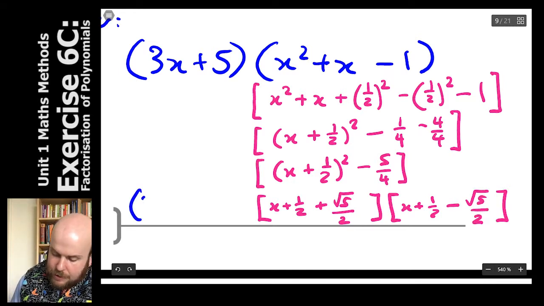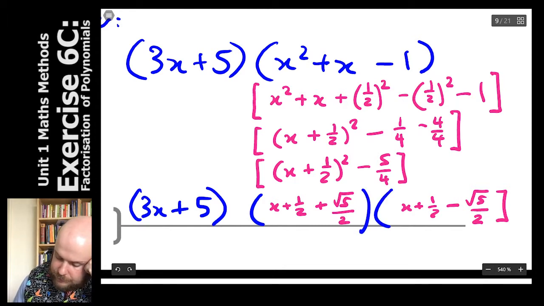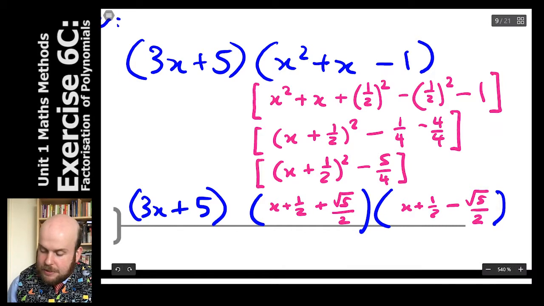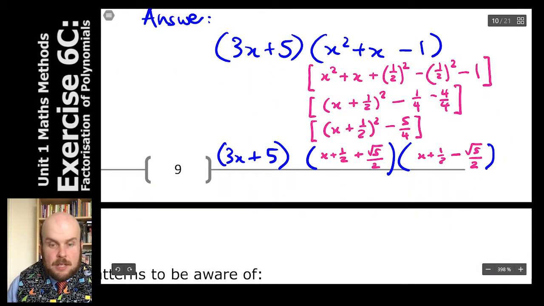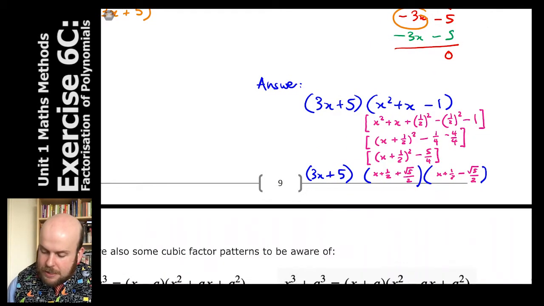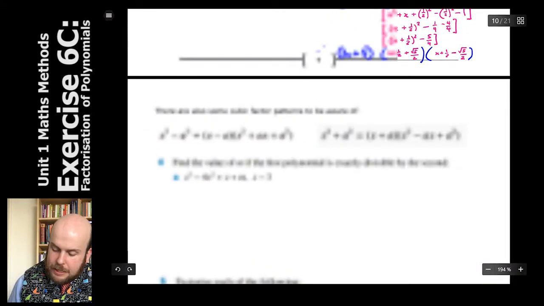And so our fully factorized form would in fact be this lovely answer at the end. There we go. We have now fully factorized. That means it has 3 x-intercepts, and we've got some horrible, horrible surds to deal with. Well, I'm sure the surds don't think they're horrible. I think that they are quite happy as they are. So there we go. We have fully factorized it accordingly.